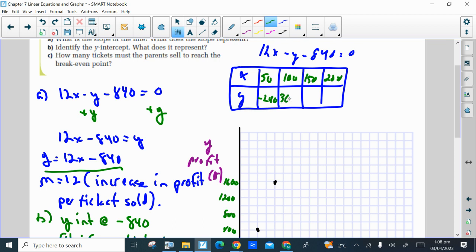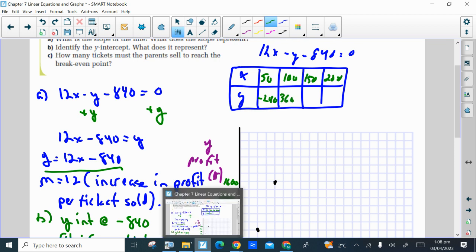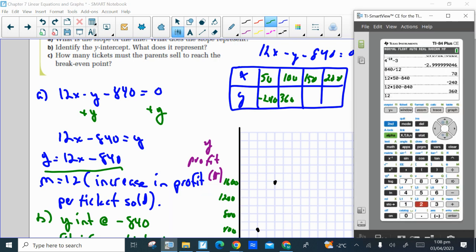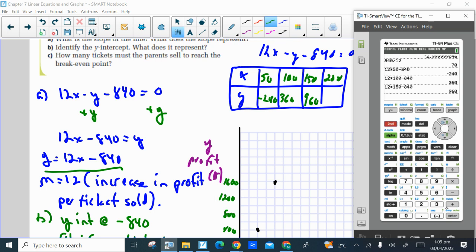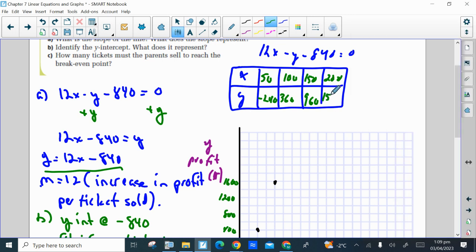So now we're making money there. That's positive 360. 12 times 150, take away 840, is 960. And then the last one is 12 times 200, take away 840, is 1560. So this would be another option that you could do to graph your line.